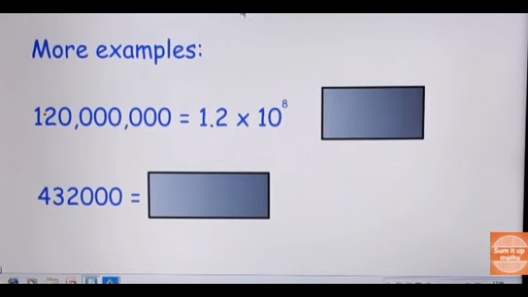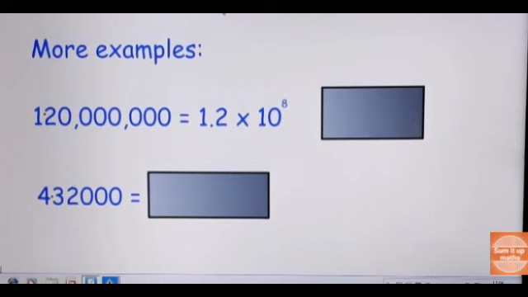Here, 432,000. Okay, I'm going to find my number between 1 and 10, and I'm going to put my decimal there. So I'm going to go 4.32. How many times do I have to move my decimal point to get it back to where it started? Well, it would be 1, 2, 3, 4, 5.